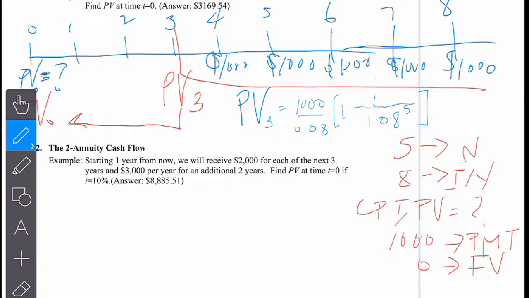So what do you get for the first part, PV3? Anyone? Don't resist using the financial keys. They should be used in tandem with the formula.